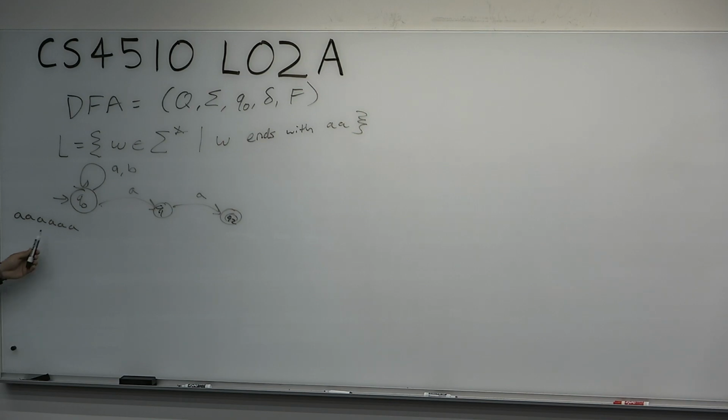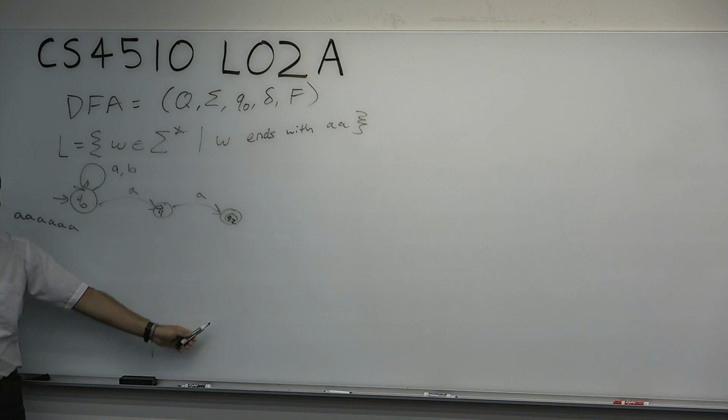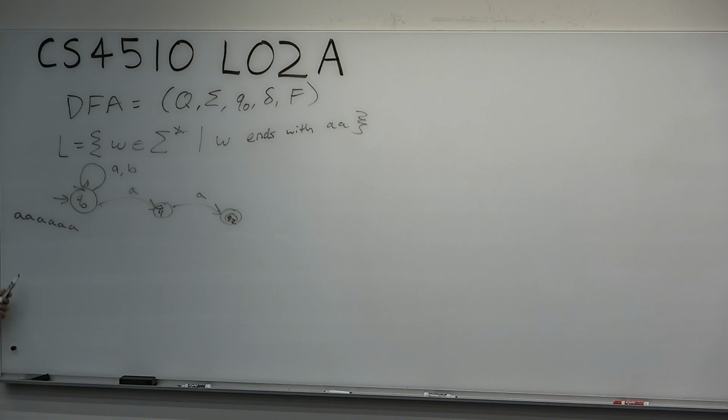If we guess here, we would say AA, but we would have more letters left in our word, so we would be forced to implicitly reject. If we guess too late, let's say we guess the last A, we go to here, it's not an accepting state, so we would be forced to reject. But it's okay, there are so many computation paths of this word on this NFA that do reject, it doesn't matter.